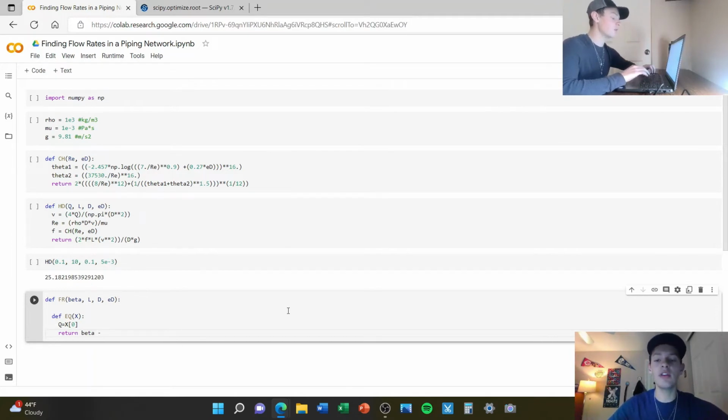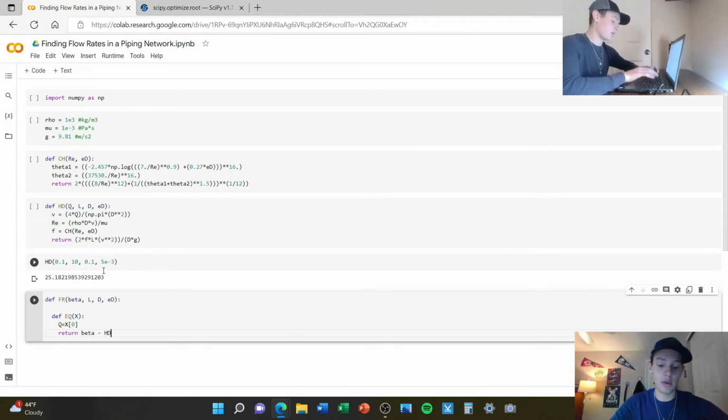And then we want to have the root solver iterate through volumetric flow rate values with this function that calculates the head drop until this head drop is equal to the head drop that we have for our pipe. And once it finds that volumetric flow rate that makes those equal, that will be the volumetric flow rate we will have for the head that we supply, beta.